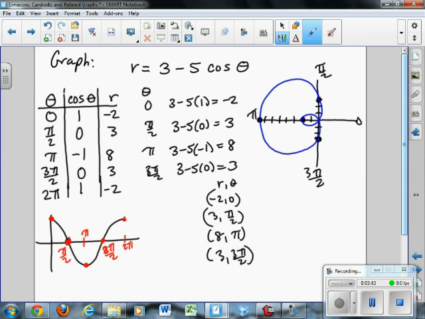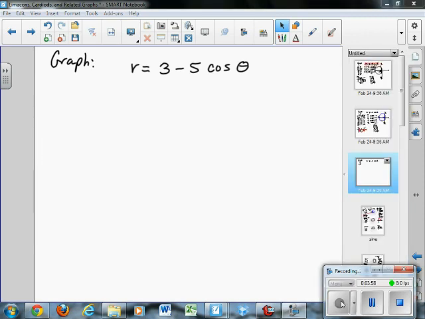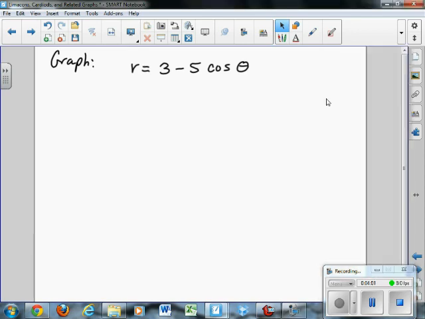Now there's a second way to graph a limacon, and that is to look at the equation. I think I'm just going to start this over on another page and show you the other approach, which is to remember some things about cosine and sine.